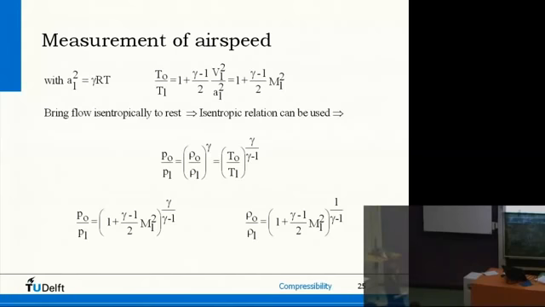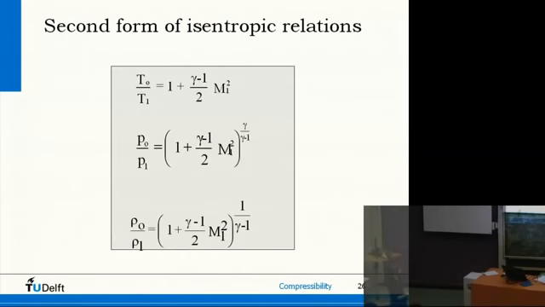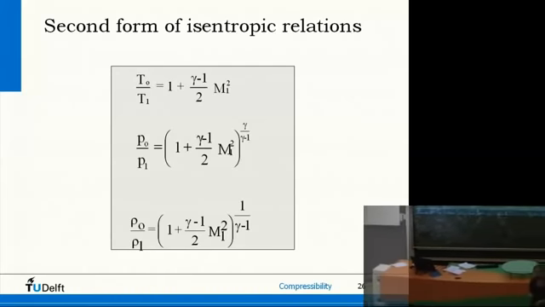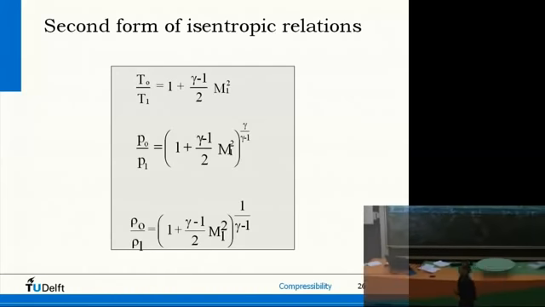I think I have a summary slide. Yes. It's the same. It's gray, so it means that you really have to remember. On the exam, we might ask you to derive these from the energy equation and the isentropic flow. The only a bit tedious step, it's actually quite straightforward, I think.